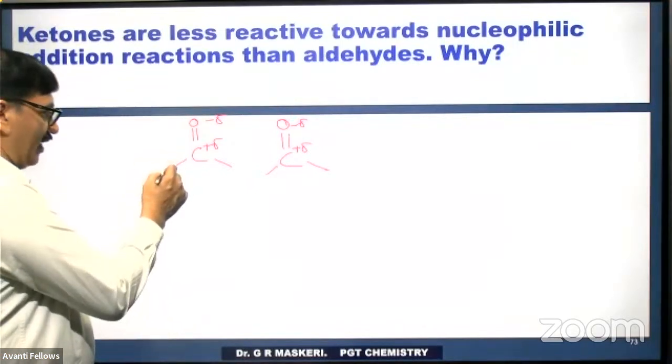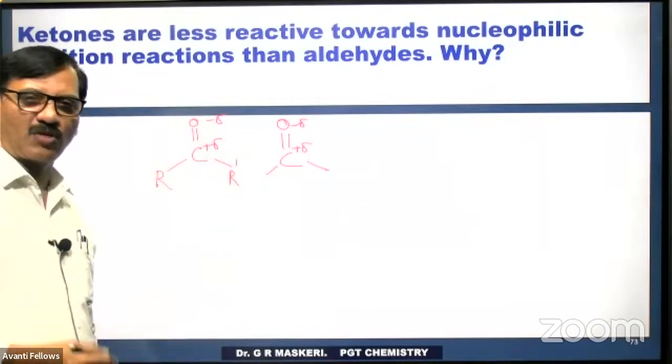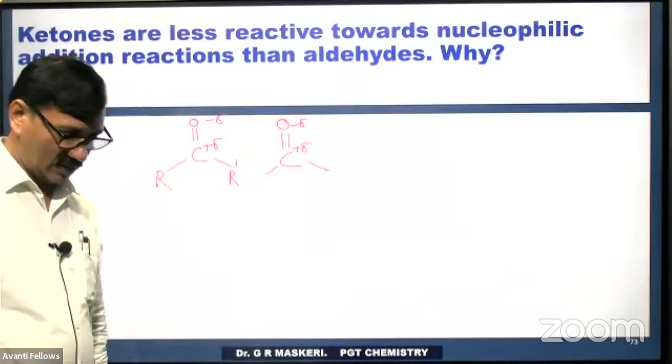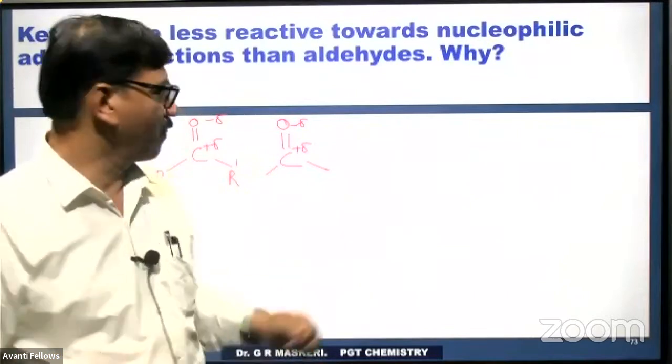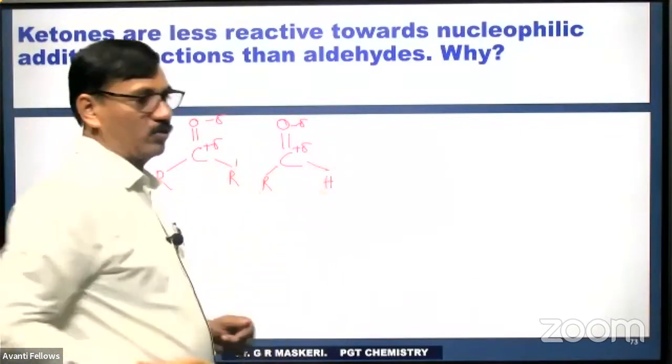But a ketone has an alkyl group here and also an alkyl group there, maybe different alkyl groups or the same. Ketones have two alkyl groups, with the C double bond O in between them. But in an aldehyde, one is an alkyl group and the other is hydrogen.